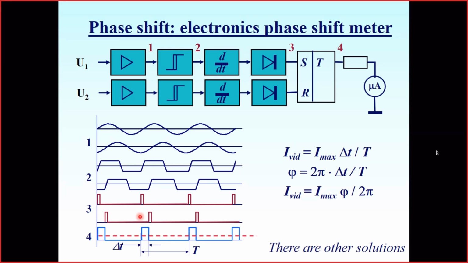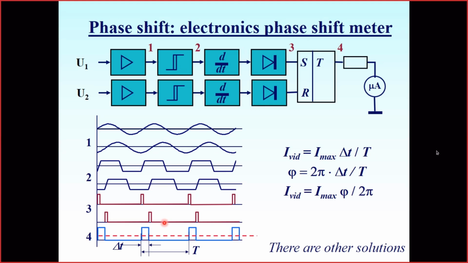When they actually match, the pulse which was fired now will actually coincide with the next pulse on the second channel, and we get the same situation, but the pulses will be shifted, and we couldn't distinguish the pulse with number n from number n plus 1. We just couldn't distinguish that.